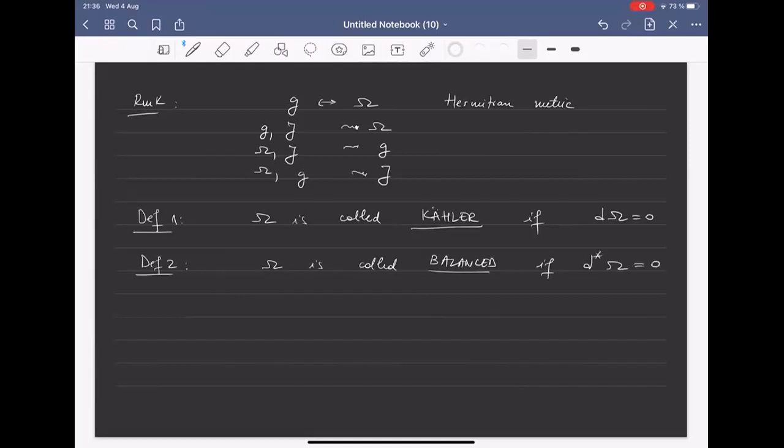So d star of omega is 0. Here d star is the adjoint of the usual exterior derivative with respect to the metric g.